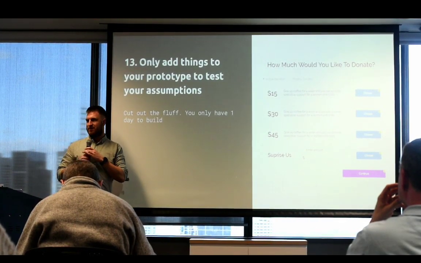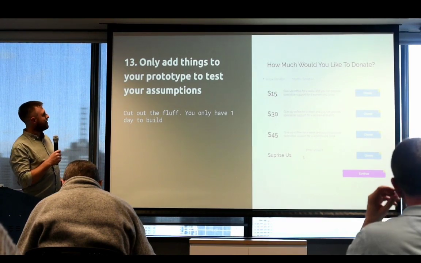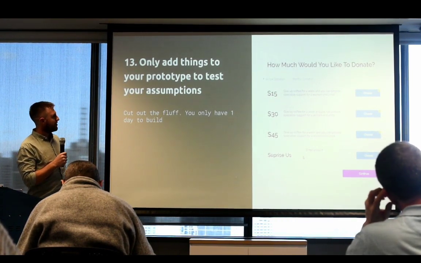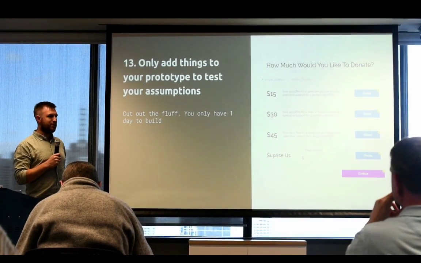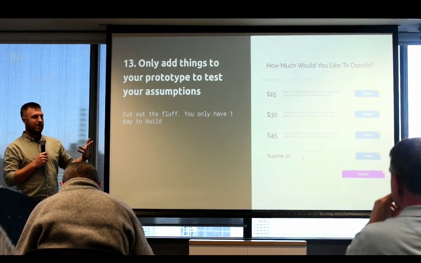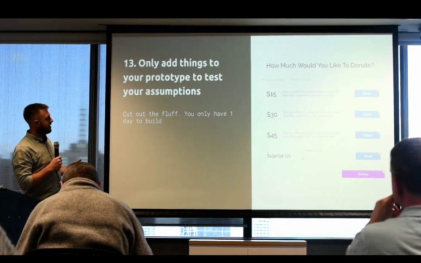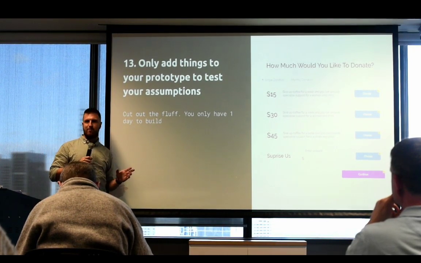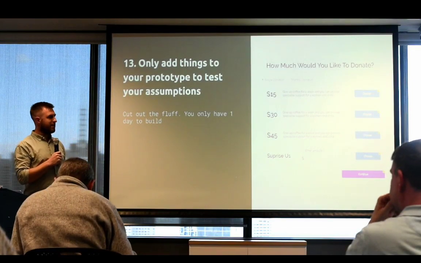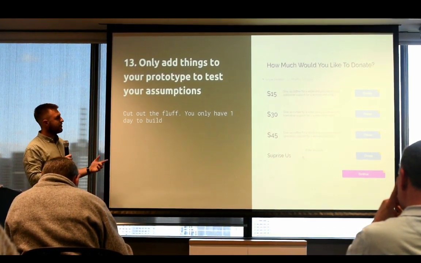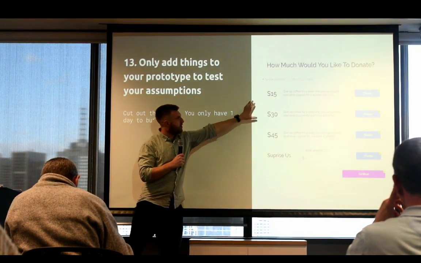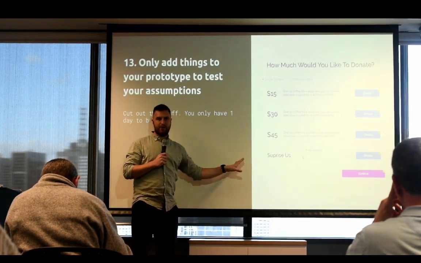Awesome. So getting into the later stages of the design sprint, this is about prototyping. With the user testing, you're really there to test your main idea, your main assumption, and you only have one day to make the prototype. I'll just say only really prototype the big idea that you're actually testing. This was one of the pages where you chose how much you were going to donate.